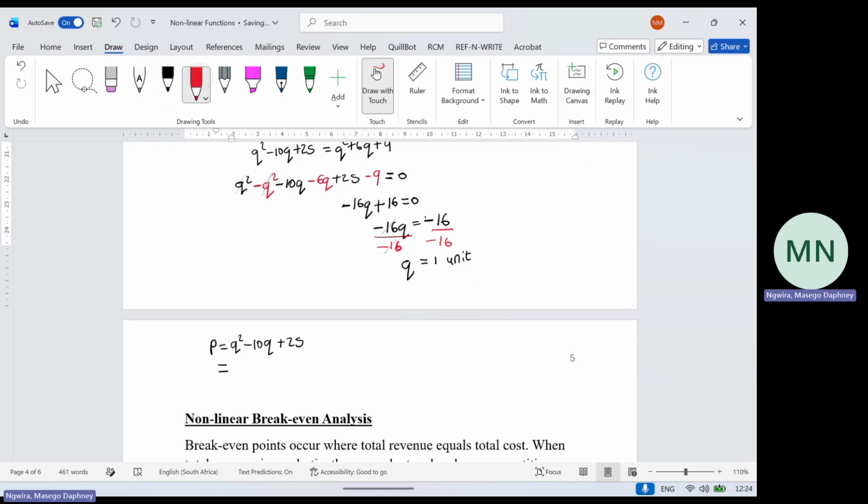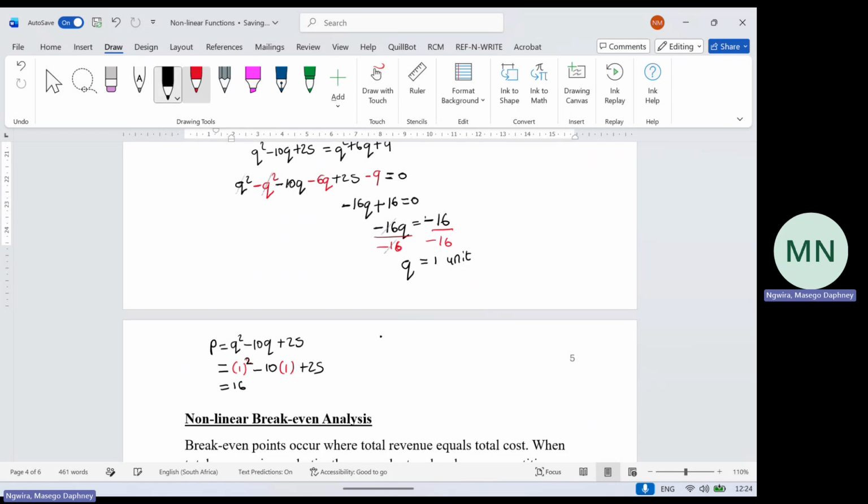So it means this will be 1 squared, then it's minus 10, wherever I see q I put 1. And then this is plus 25. So when we use our calculator, the answer that we are going to get for the price is 16.